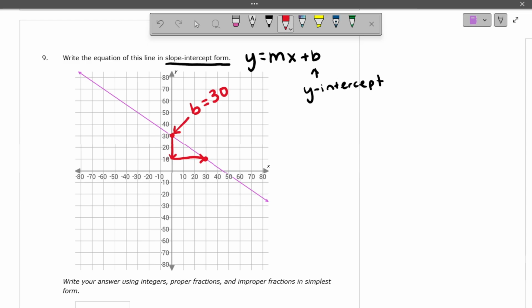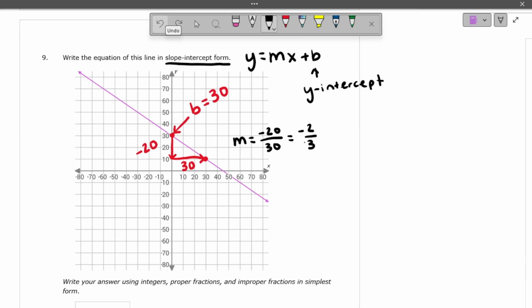So from 30 to 10, we have a negative 20. And then from 0 to 30, we have a positive 30. So our m is going to be equal to negative 20 over 30, because rise over run, which will simplify down to a negative 2 over 3.